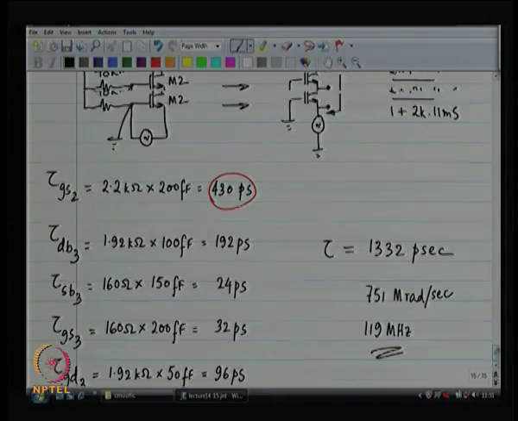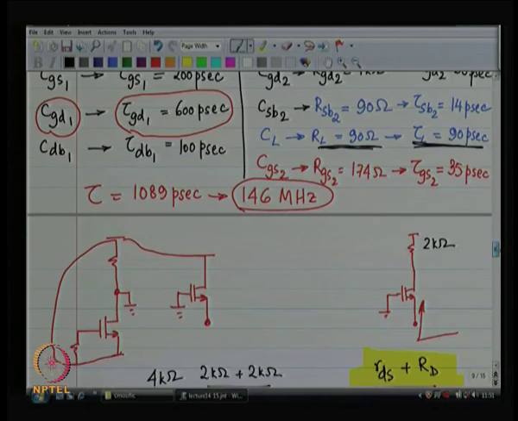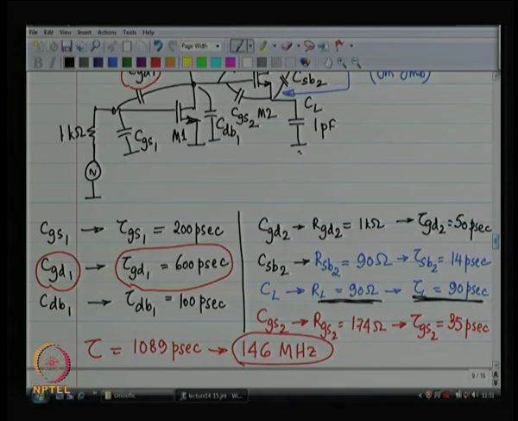Okay, it's actually worse than my previous design. It's worse than my previous design.